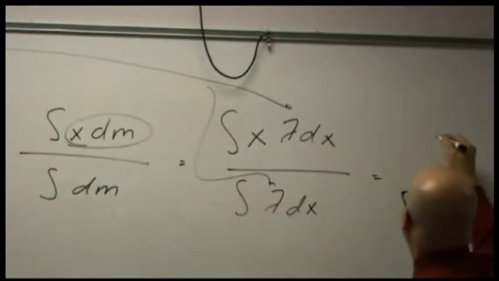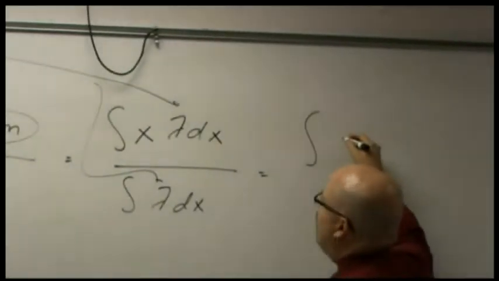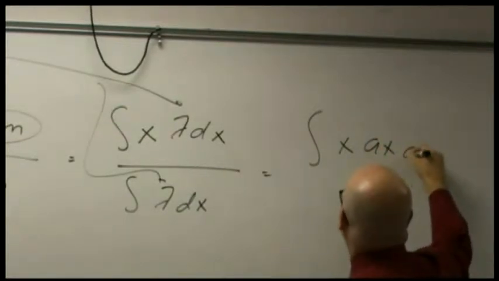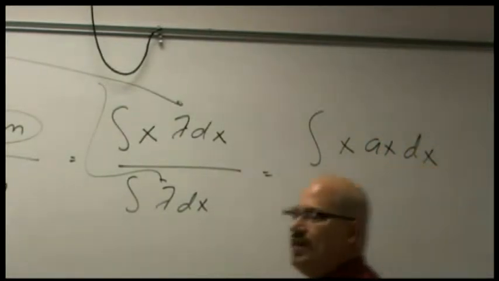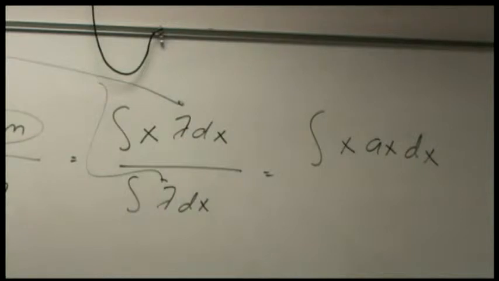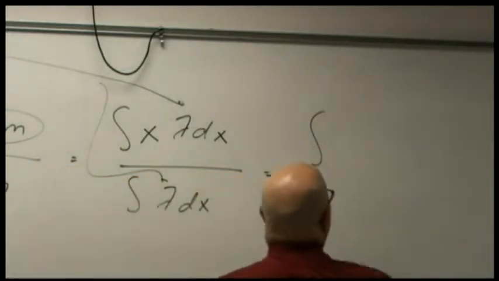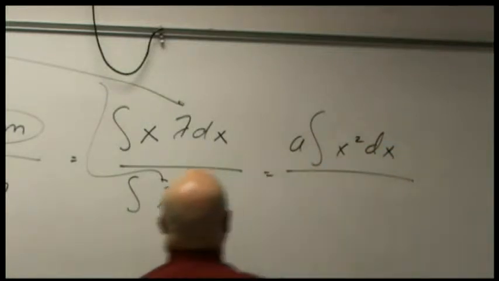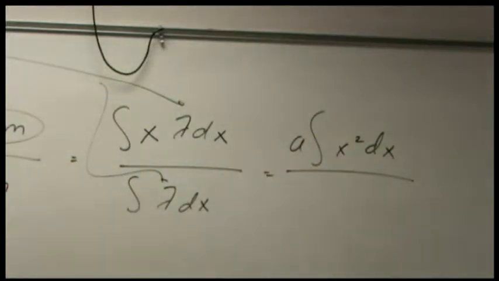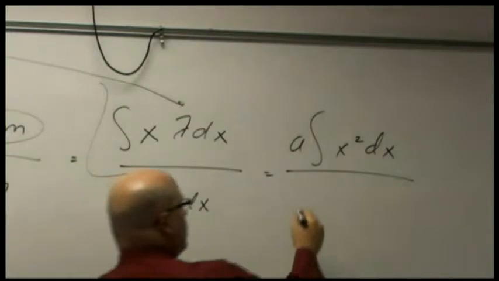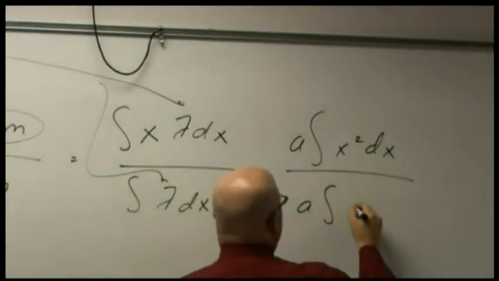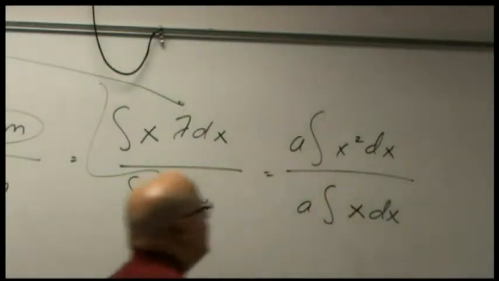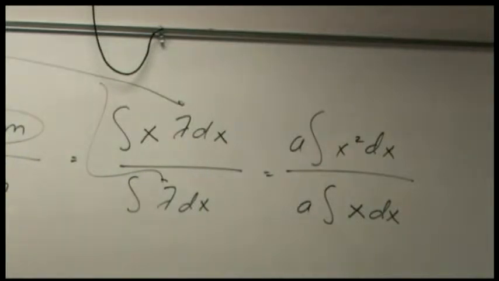So we get the integral of x ax dx, or we can rewrite that prettier. We get an a on the outside, x squared dx. And down below, we just get ax, so a integral of x dx.